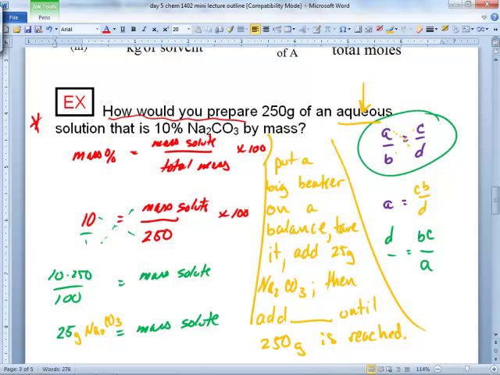That means we have to add water. It's the only hint that it gives you. Most of the questions are going to stop right here. It's not very often where they ask you, how would you prepare? But I wanted to make sure you got that because I think it's one of the toughest questions that can be asked.